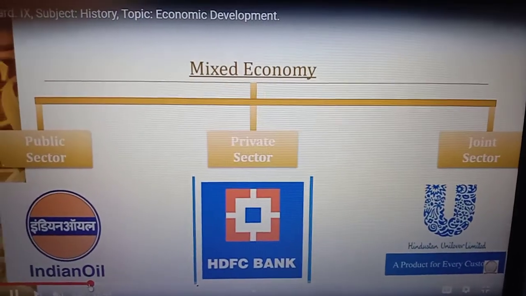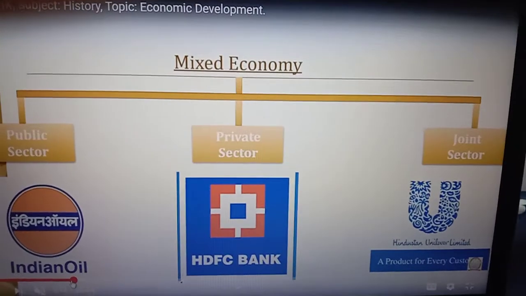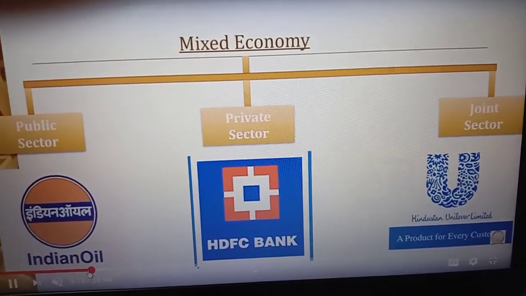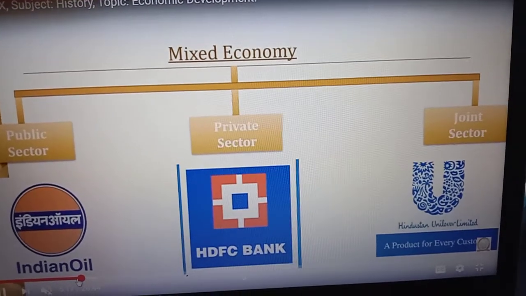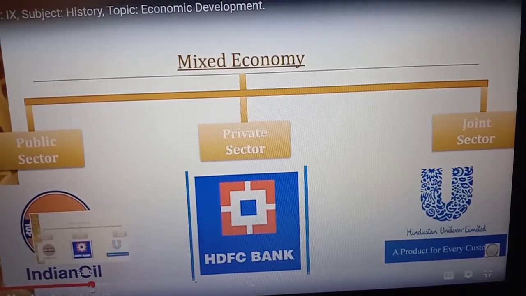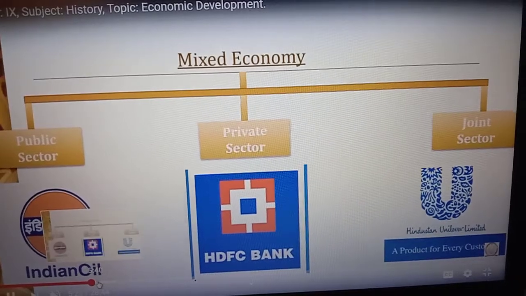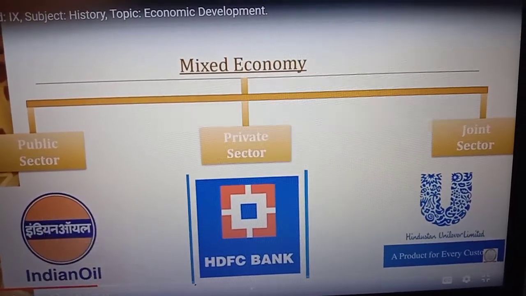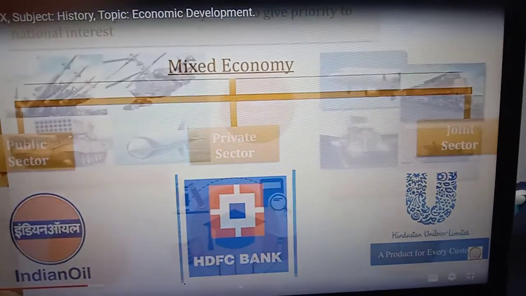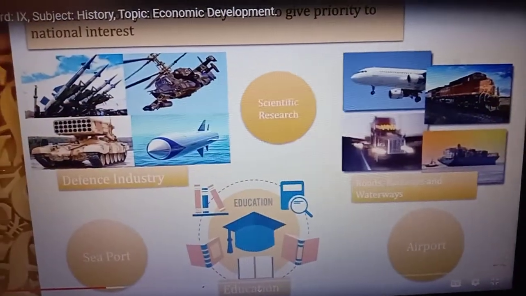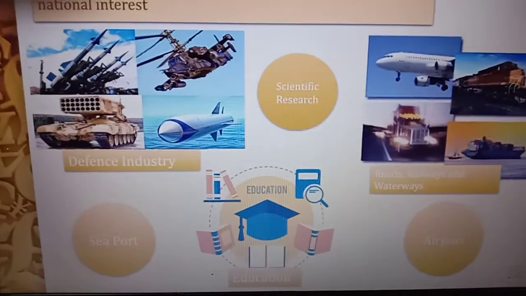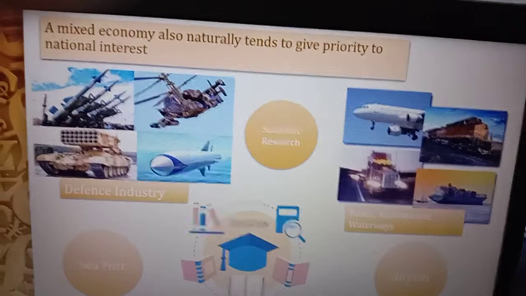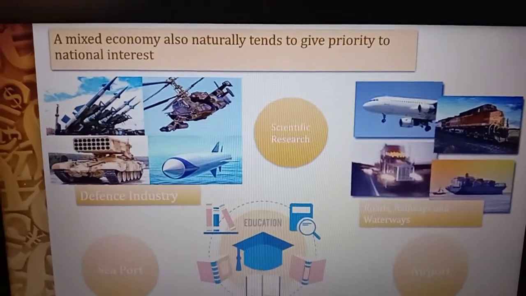To run the mixed economy smoothly, there is a need for coordination between the private sector and the public sector. The system aims at maximization of production and popular participation on a large scale. That is the main meaning of mixed economy.